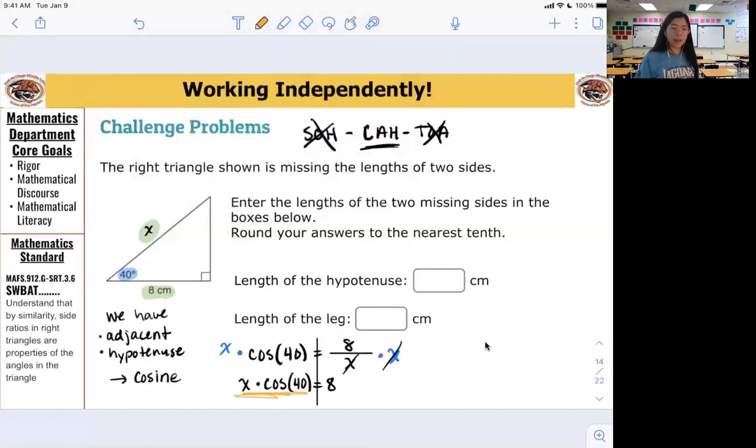Yes, good. It's multiplying because that dot, don't forget that in math, a dot is multiplication. So since I'm multiplying, what is the opposite of multiplication? Division. So we're going to divide by the cosine of 40 on both sides. Because this is algebra, it cancels out, and I'm left with x equals 8 divided by the cosine of 40.